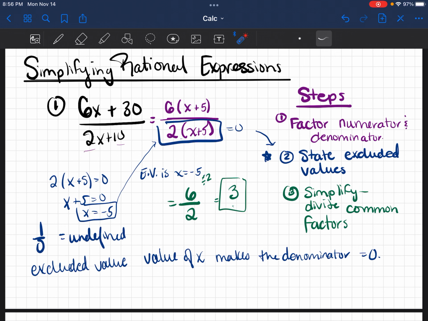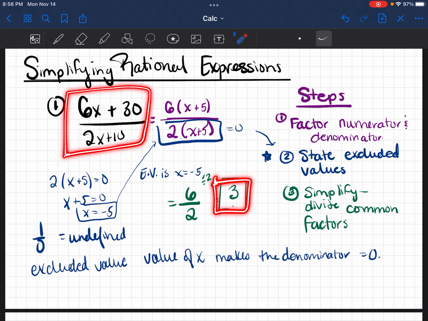But I always want to come back to the original problem because that is where I can see what the denominator originally was before I simplified it and see what the excluded values can be. So looking at the original and the factored version, it's much easier to see our excluded value of -5 in these two than it is in our simplified version.